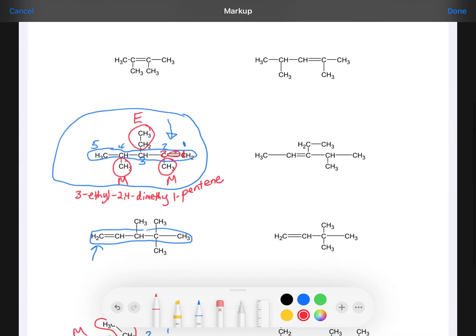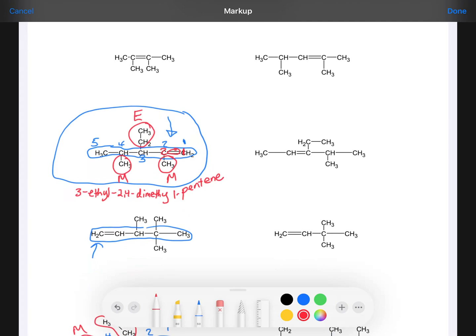So let's try a different one. Let's look at this one right here. This is my longest carbon chain. I have 1, 2, 3, 4, 5 carbons. I need to start counting from this end because the double bond is closer to that. So I have 1, 2, 3, 4, 5.